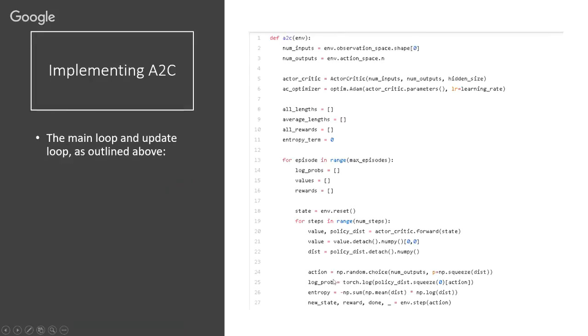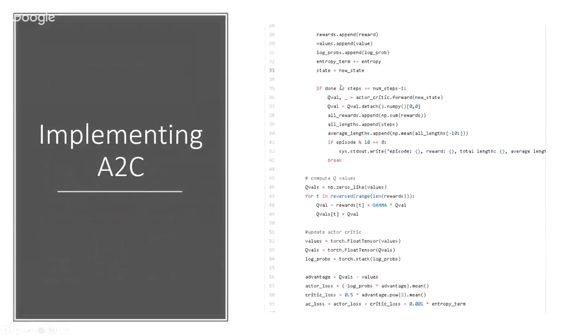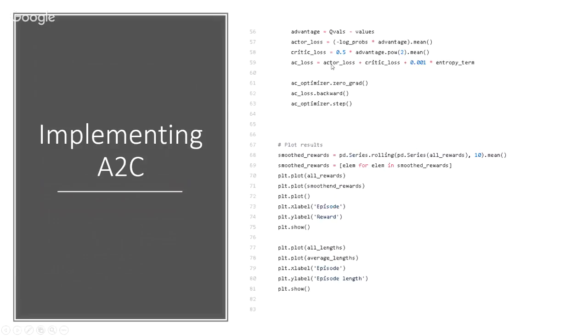We then take the action as a random choice, and so on. So basically we append the reward and value. If done, we go through all the rest of it. We compute the Q values, update the actor-critic, and pretty much go through till we plot it all out.